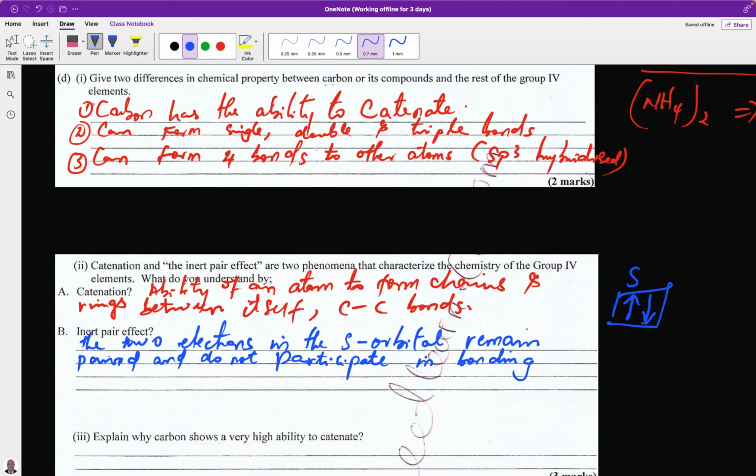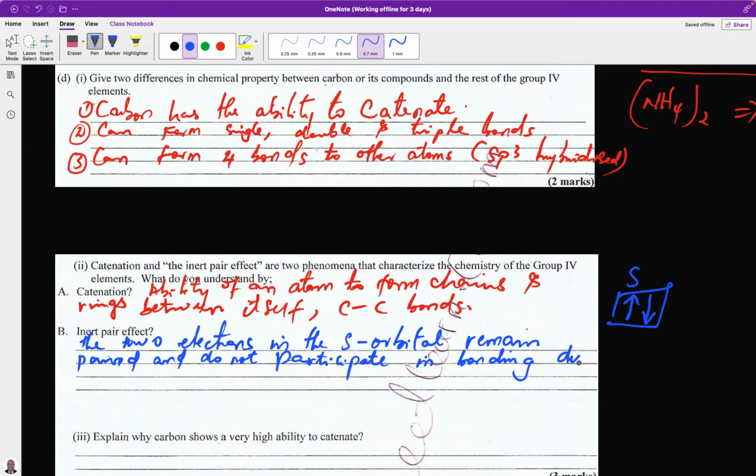Because to participate in bonding, you need to unpair them. Either you need to promote one to a higher energy level. Unpairing them will require a high energy. So they remain paired, spinning in opposite directions, and do not participate in bonding.